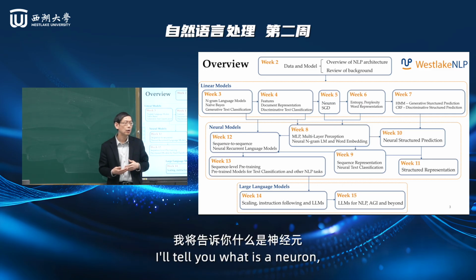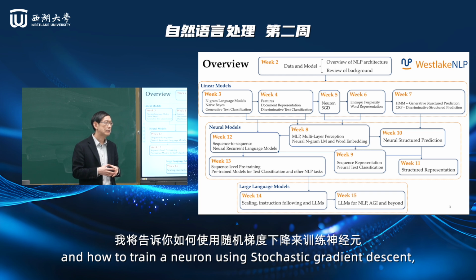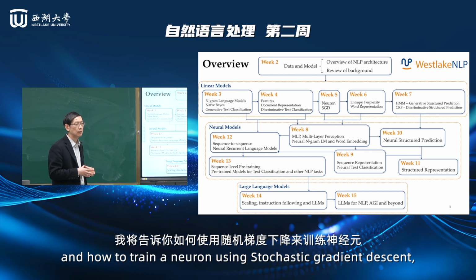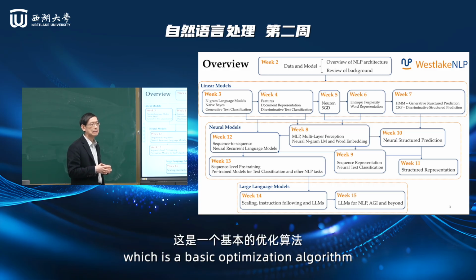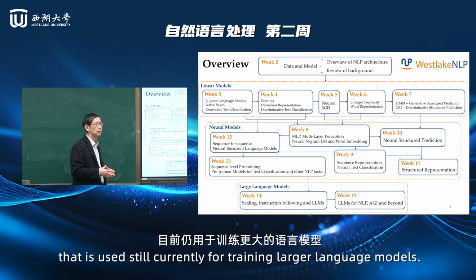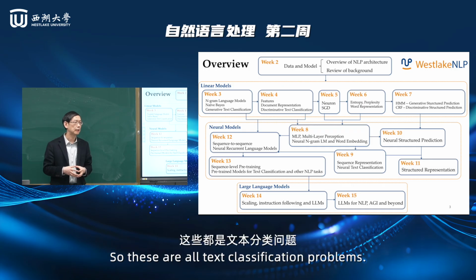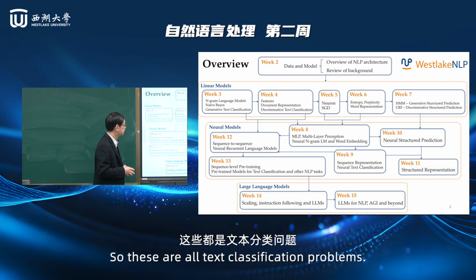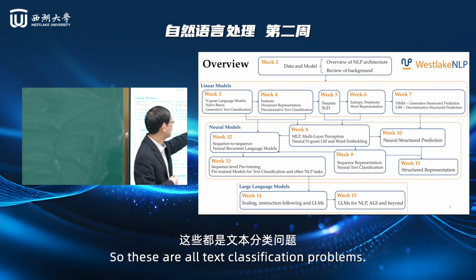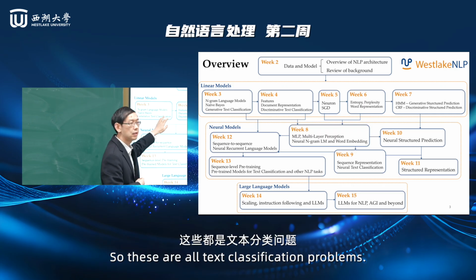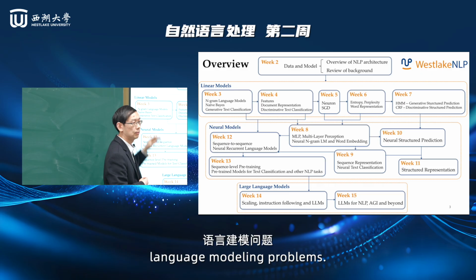I'll tell you what a neuron is, and how to train a neuron using stochastic gradient descent, which is a basic optimization algorithm still used currently for training large language models. So these are all text classification problems and language modeling problems.